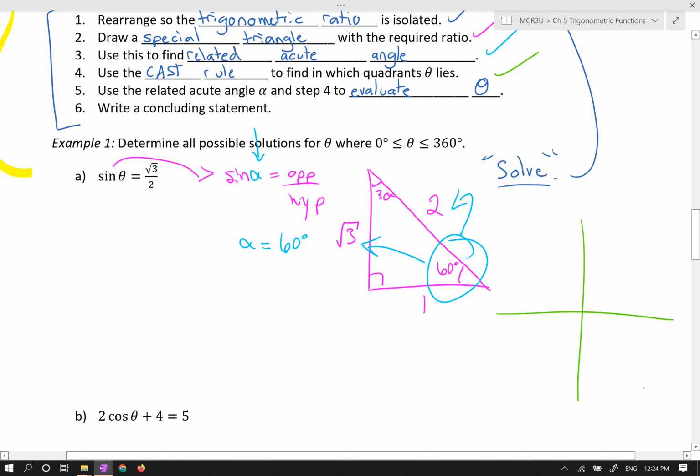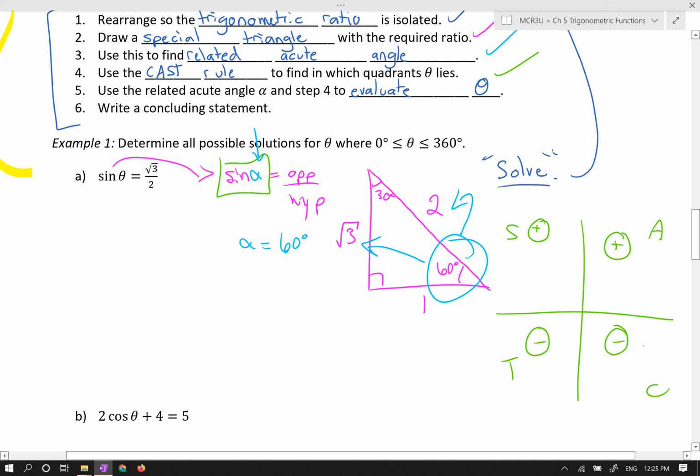So we'll jump in with our CAST rule. We should be masters of sketching this right now: C, A, S, and T. And we know that we're working here with a sine ratio. I know that sine is positive in quadrant 2. I know it's positive in quadrant 1 because all of the ratios are positive in quadrant 1. But only tan is positive in quadrant 3, so it's negative here. And only cosine is positive in quadrant 4, so again, it's negative there.